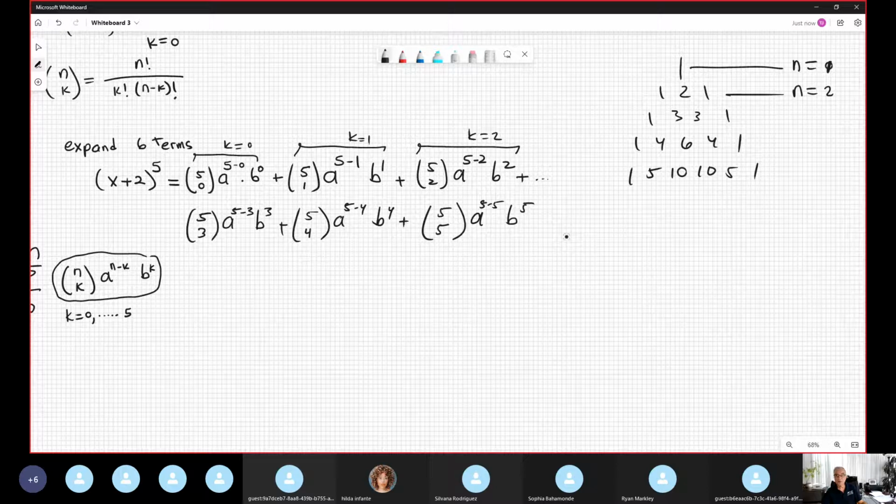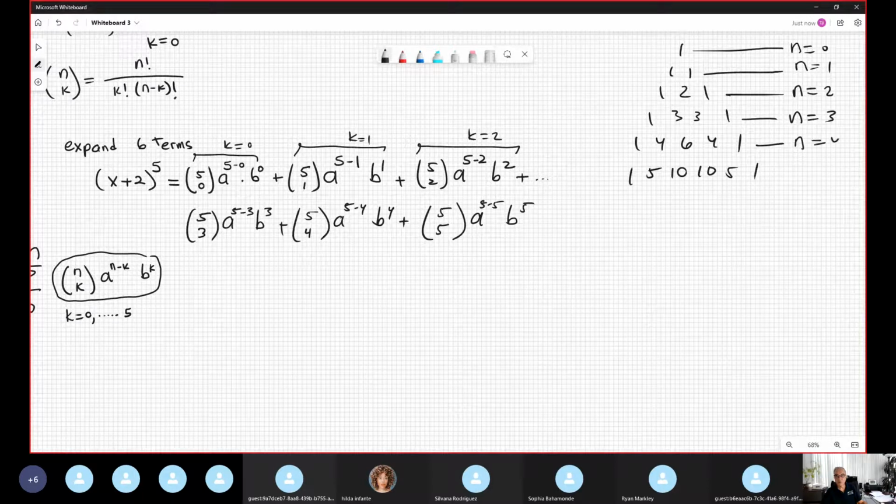I forgot something in the middle. I forgot the 1 on the top, and 1, 1. This is n equals 0, this is n equals 1, and so on, then n equals 3, the coefficients for n equals 4, and n equals 5.